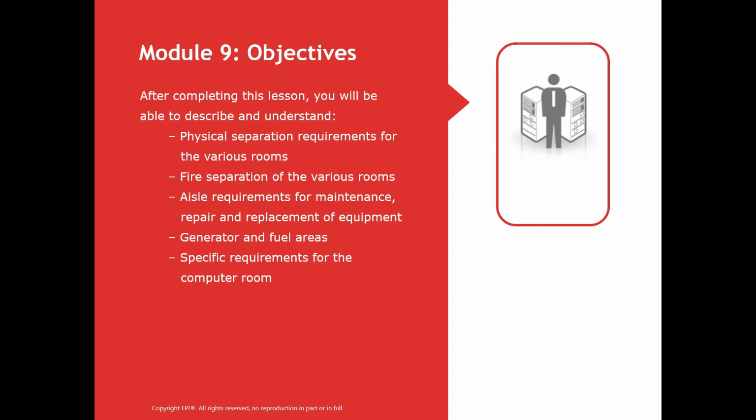We obviously need to have an appropriate aisle width so that we can maintain, repair and service mechanical and electrical equipment. We'll have an in-depth look at generator and fuel areas and how to apply them to the various rating levels. And obviously the important critical area of the computer room, what requirements are needed to have a fully compliant space.